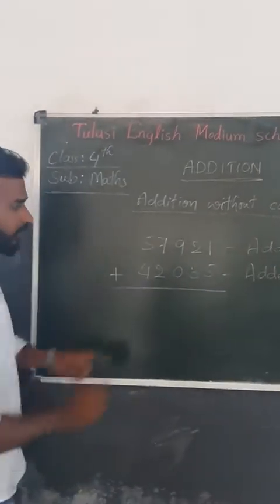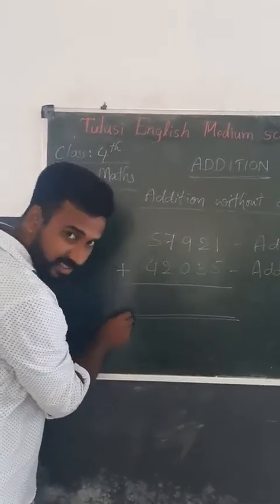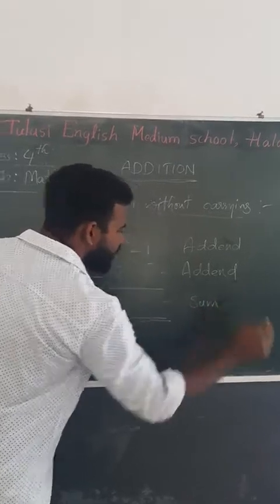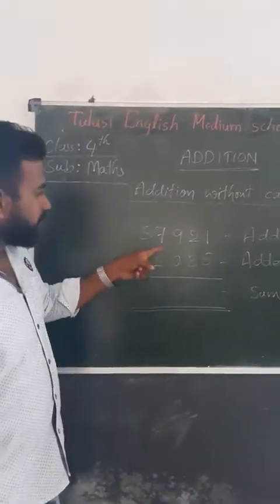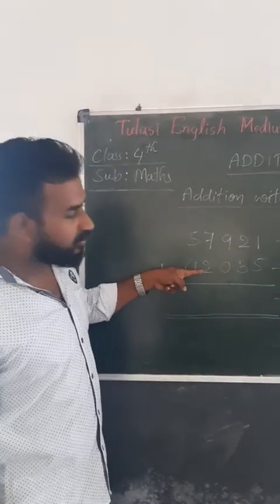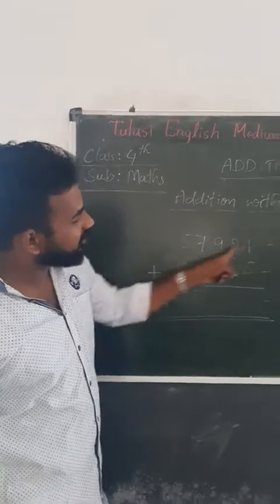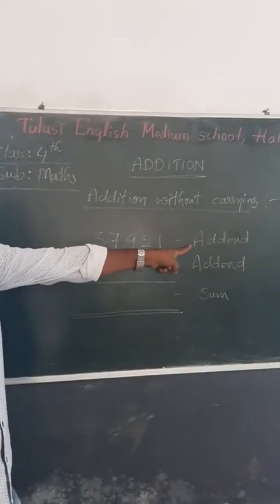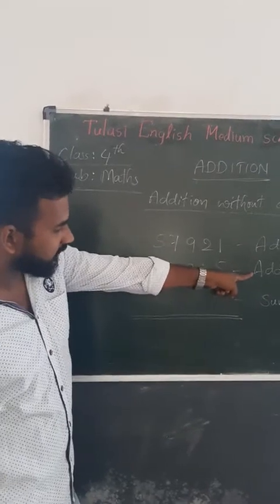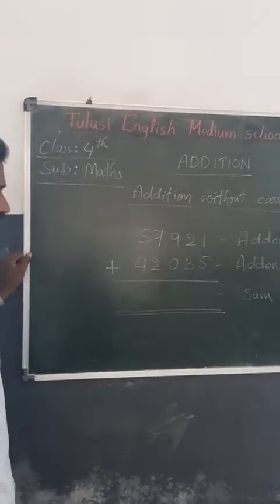And when we add, we get the result, no? That is called the sum. There can be 3 numbers or 4 numbers or more than that. Each number is called an addend, so there will be many addends, and the result is called the sum.